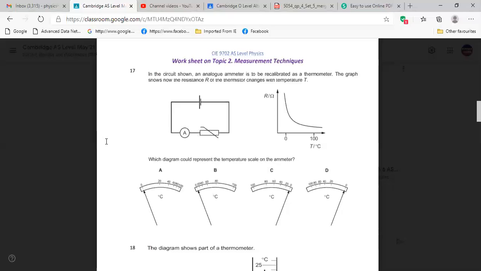Therefore, we can say current increases sharply at the beginning.